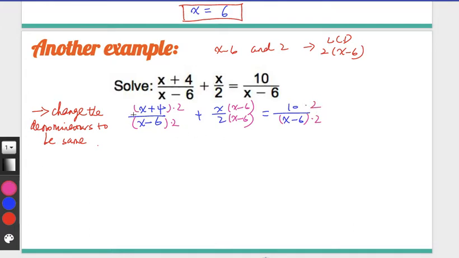In that case, every single thing becomes 2 times x minus 6, 2 times x minus 6, 2 times x minus 6. In that case, I can just easily cancel it. Try to think about it this way. I'm going to give you an example. For example, I have something over 7 equals something over 2 times x.